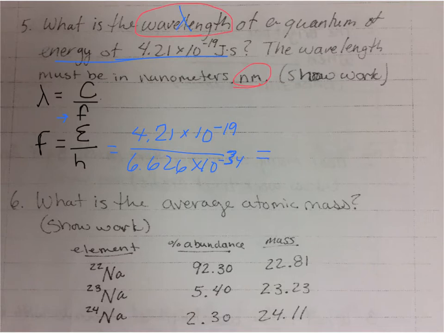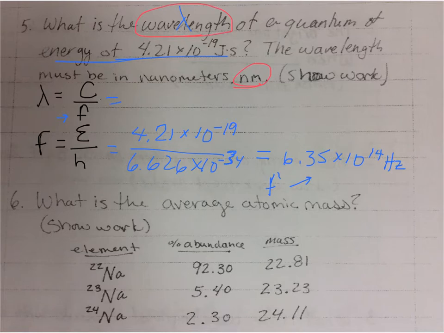All right, and so what do we get for that? For this we get 6.35 times 10 to the 14, and these are in hertz. So this is our F, and now all we need to do is put this back into the equation over here.